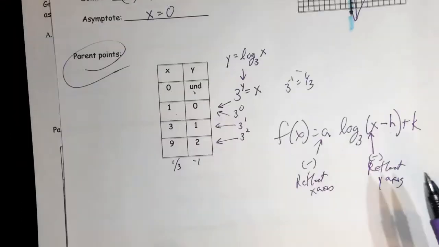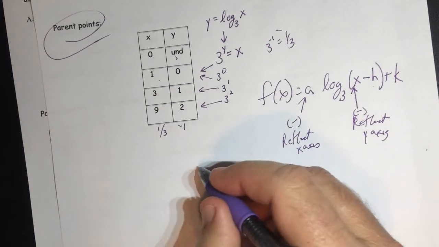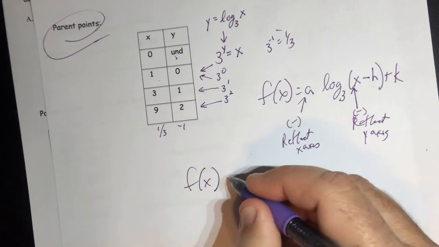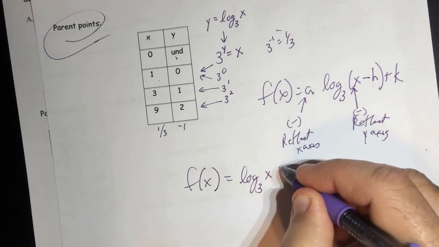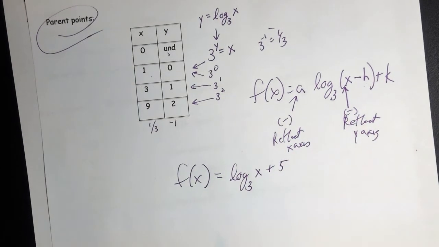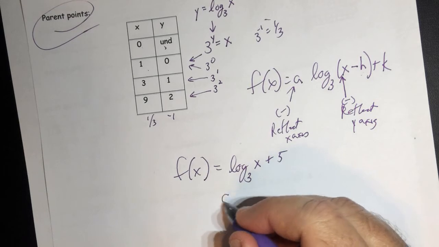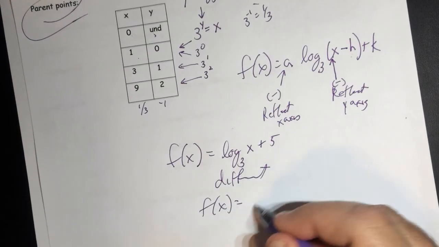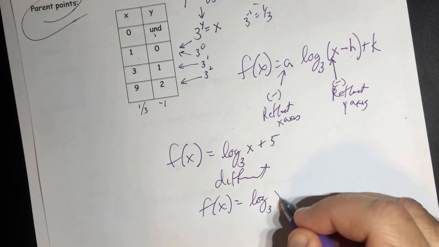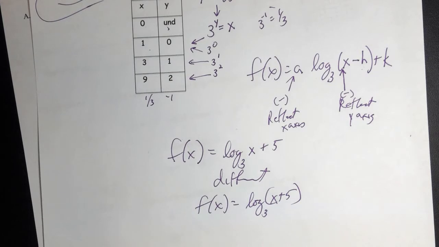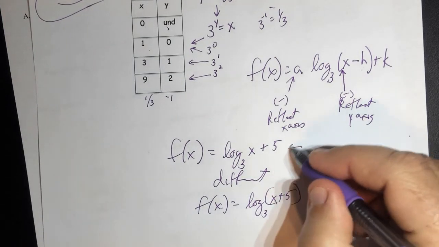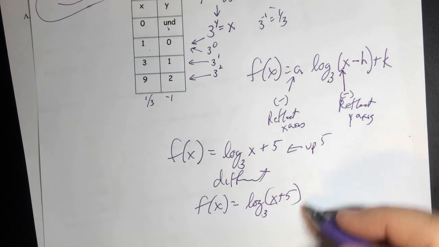And then one other thing I want to make sure you're aware of. If I have log base 3 of x, plus 5, that's going to be different than f of x is equal to log base 3 of (x plus 5), with parentheses. This is an up 5.